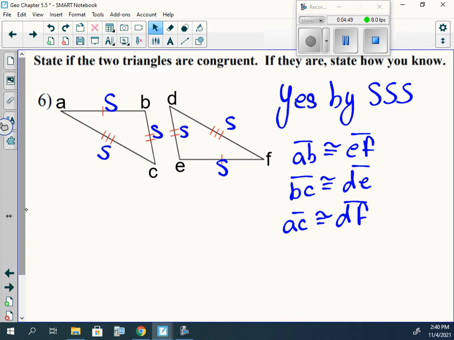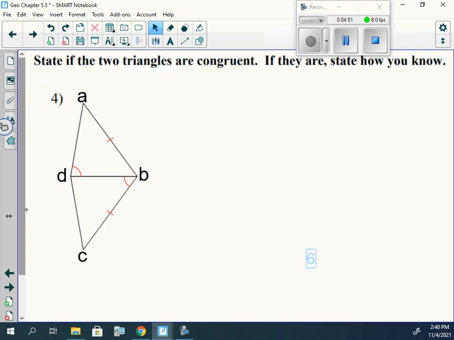The next one. So we do have angles, and it could work out if we had it in the form of side, angle, side. If we look at this here, these sides are congruent. These angles, we have a side in the middle.